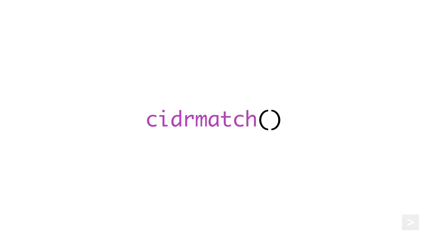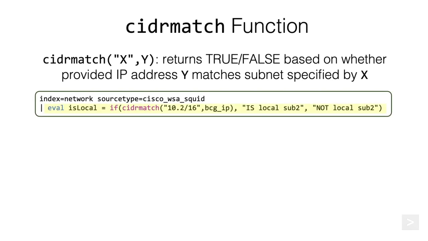Now, along with the searchmatch function, another match function that we have available is the cidrmatch function of the eval command. The cidrmatch function will also return true or false. This is dependent on whether the IP address that's passed in falls within the CIDR subnet range. We can see the CIDR range is passed in as the first argument.